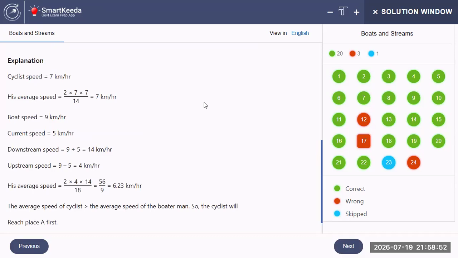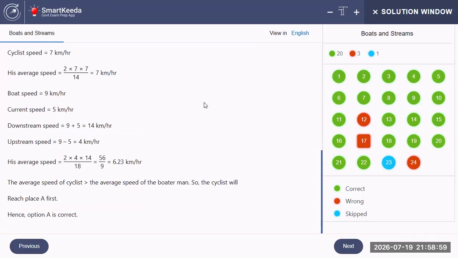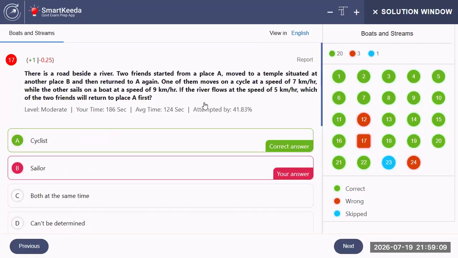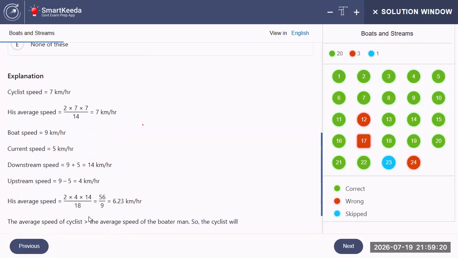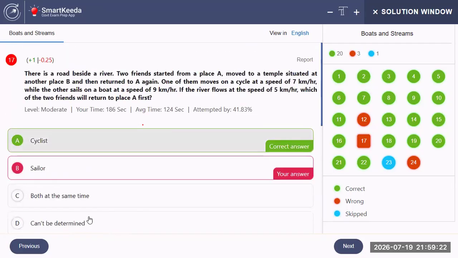Average speed. The average speed of the cyclist is more than the average speed of the motor boat, means the cyclist will reach first. One of them is a cyclist, cyclist 7 kilometers per hour.